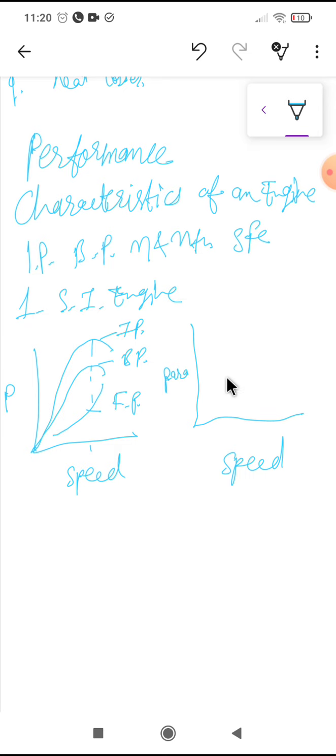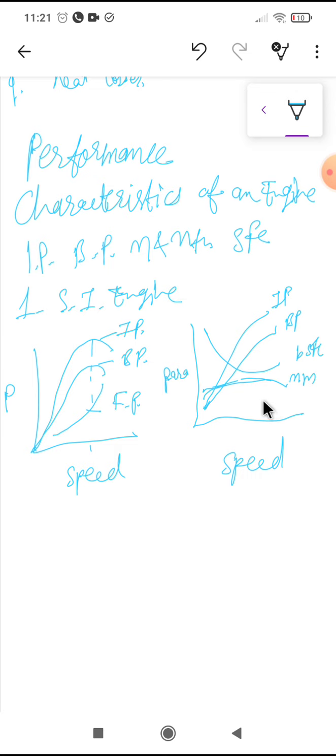First I will repeat the indicated power and brake power, then this is BSFC, brake specific fuel consumption, and this is mechanical efficiency.